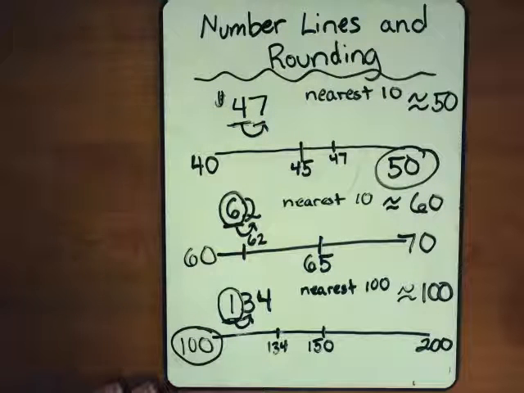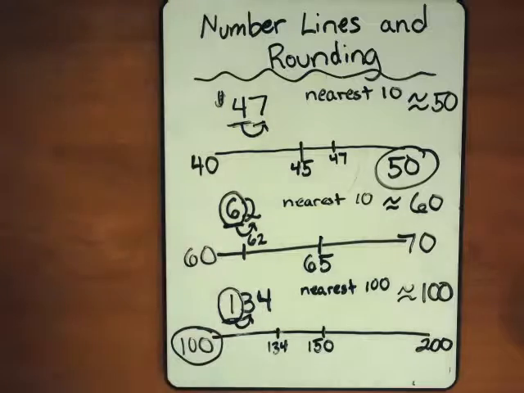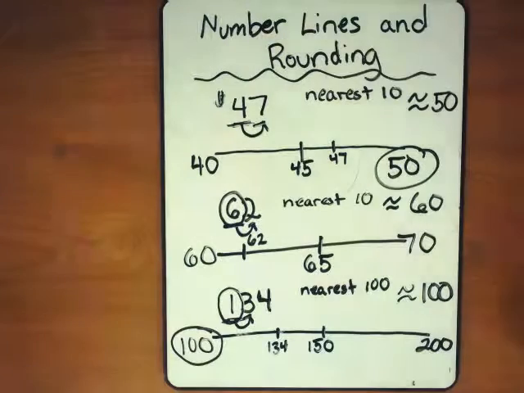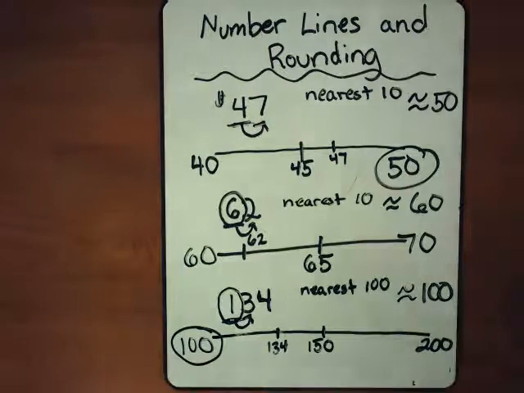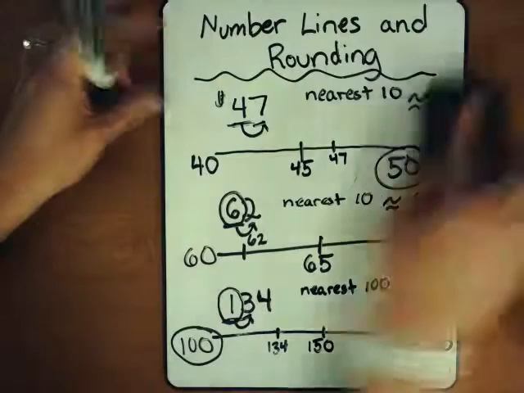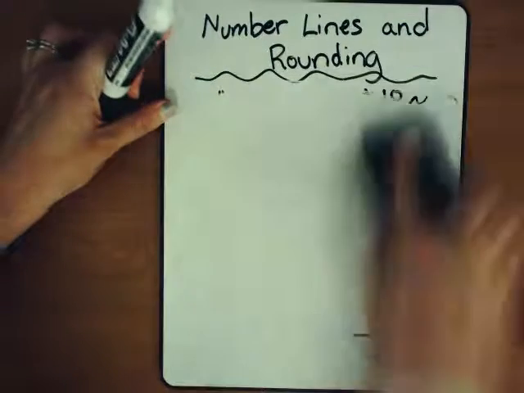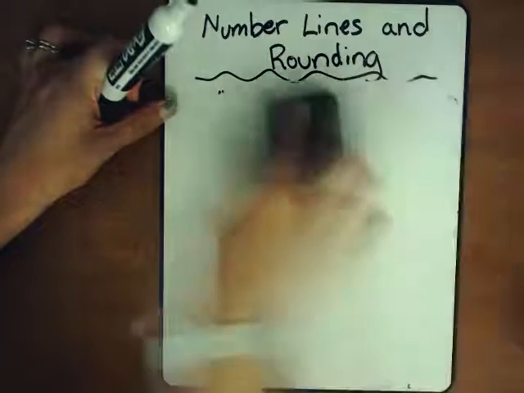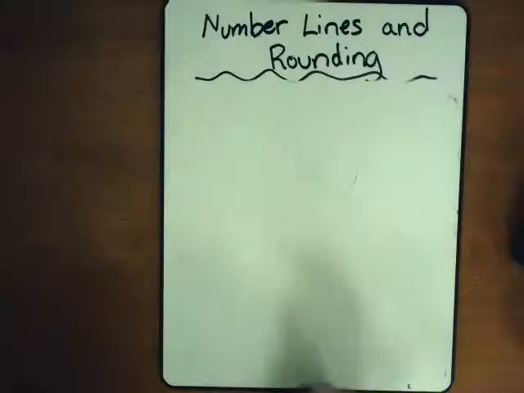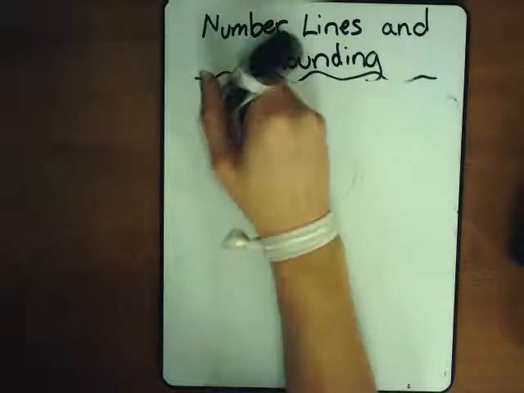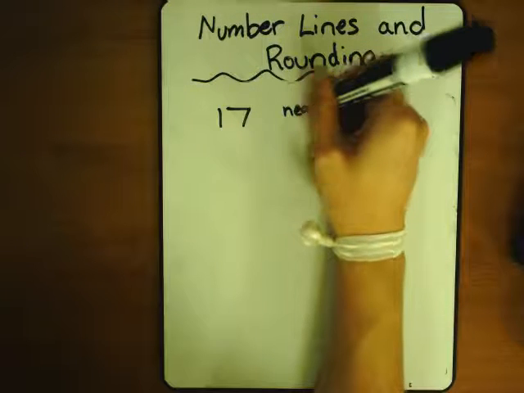Okay? All right, friends, I'm going to go ahead and erase, and I want you to try a couple on your own. Go ahead and think about the number 17 to the nearest 10.